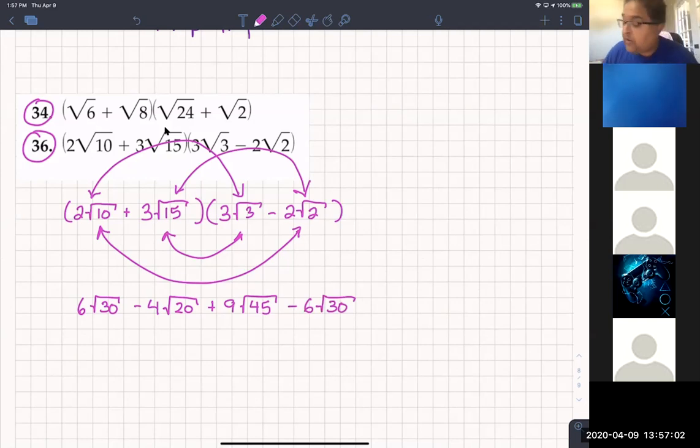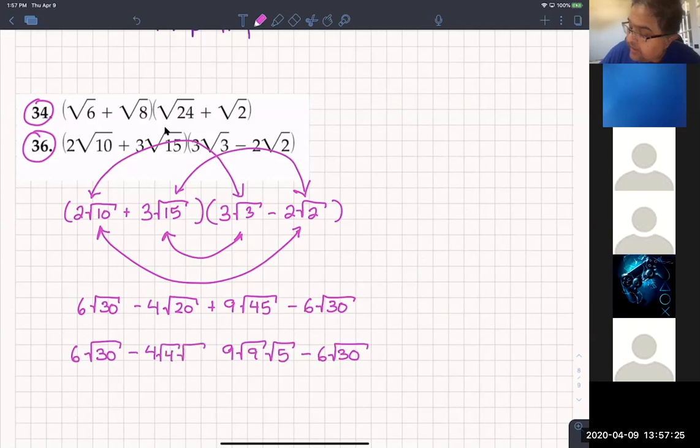Okay, so 45 breaks up into 9 and 5. And 20, 6 and 4? 6 and 4 is 24, not 20. Oh, my bad. What can I break up 20 into? 4 and 5.